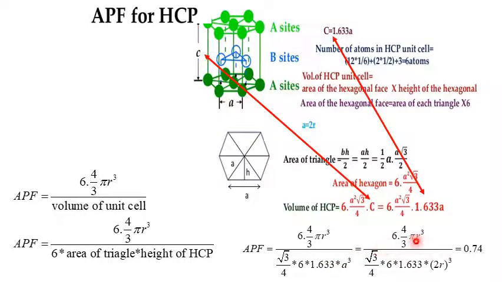Ultimately we will get 6 into 4 by 3 pi r cube. Here, instead of A, we are expressing A in terms of r. You can see here, A is equal to 2r. Here you will find there are two atoms like this.